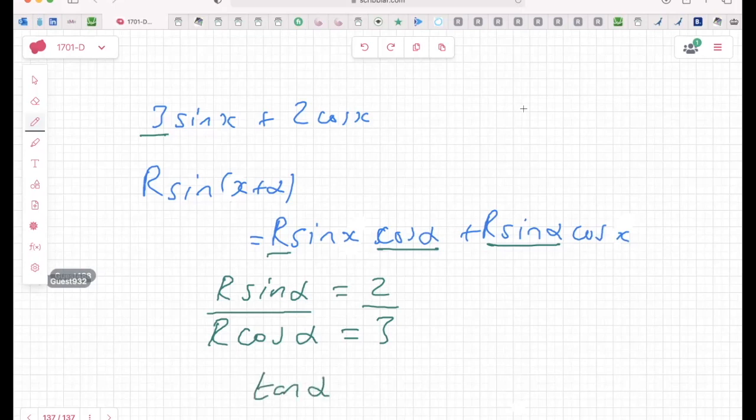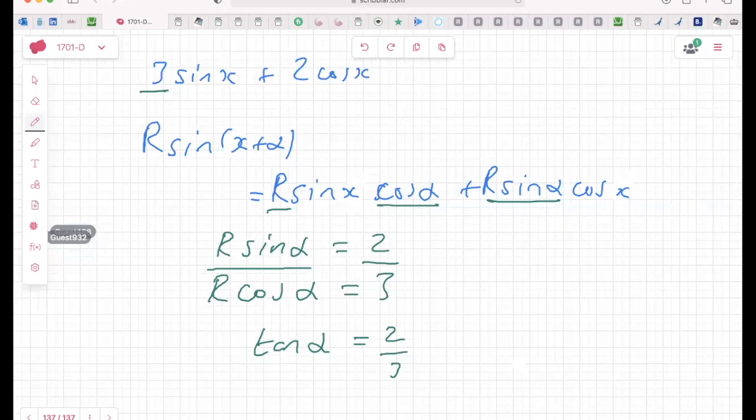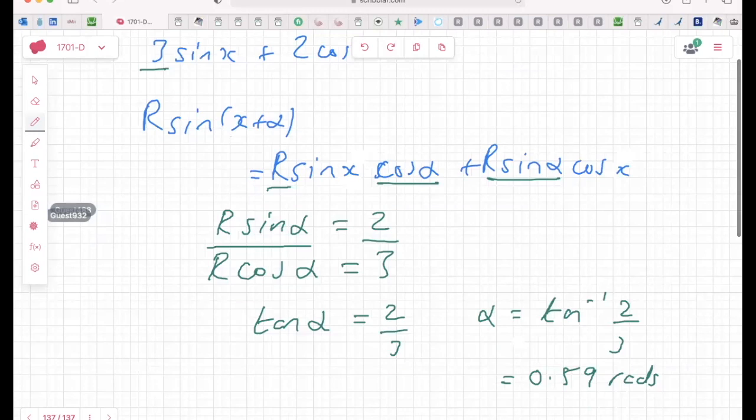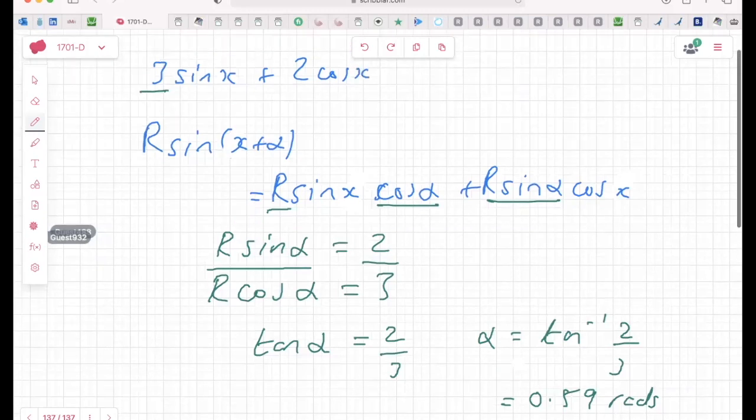Since the r's cancel and sine divided by cos is tan, tan alpha is 2/3. So to find alpha, we're just going to use inverse tan of 2/3, which in radians is 0.59 radians. So inverse tan of 2/3, 0.59 radians. Okay, so we've got alpha.